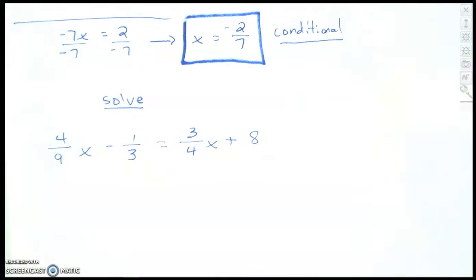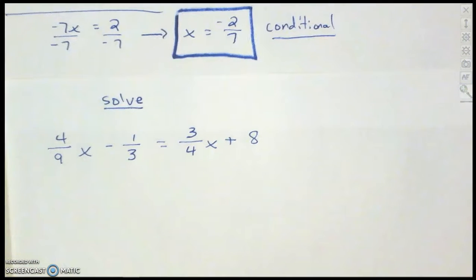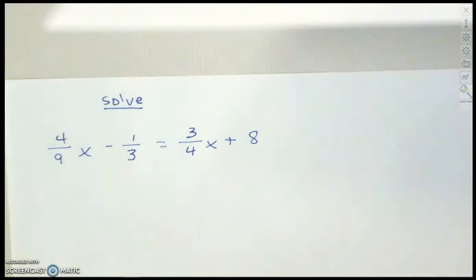So let's look at this one. How would we solve this one? This is the type of question that students are going to struggle with more than any other. When we solve equations, we generally don't have trouble with any equations except for this type, the ones that have fractions. And we're going to focus on a lot of these.